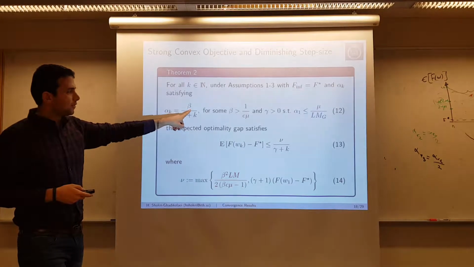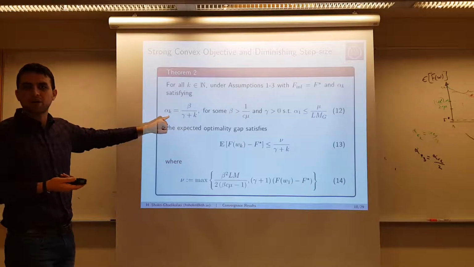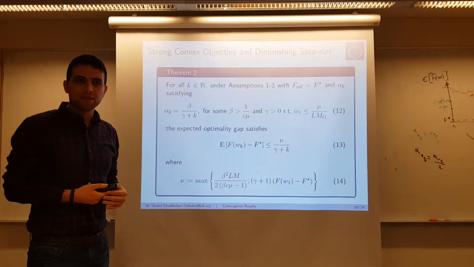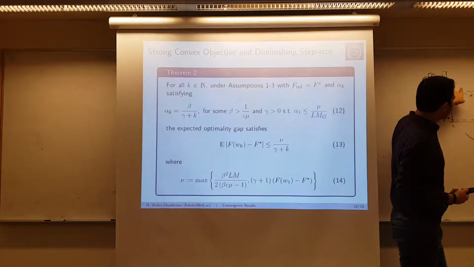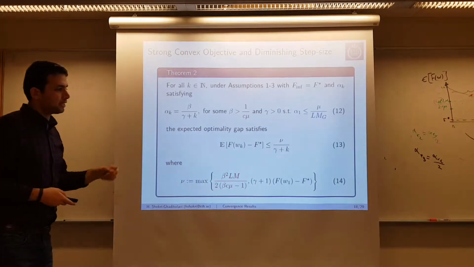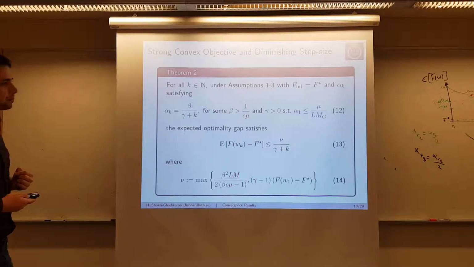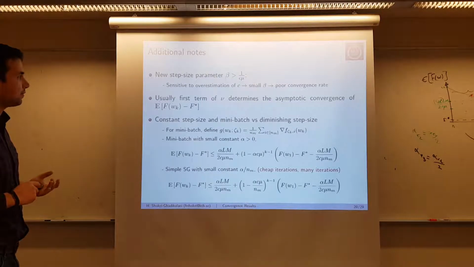So if you have an underestimation of this, you are starting from a very small value of alpha. And if you start from a very small value of alpha, then instead of being able to converge at this rate, you will converge at something like this rate. That's very horrible, I would say. So that is the first problem that you can have: very, very sensitive to this.